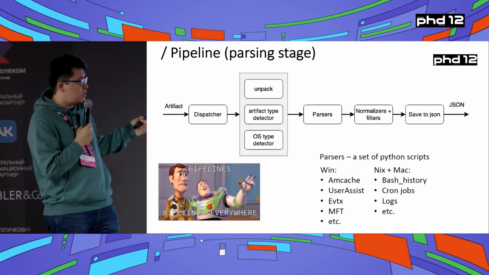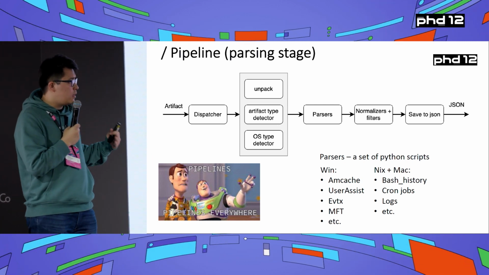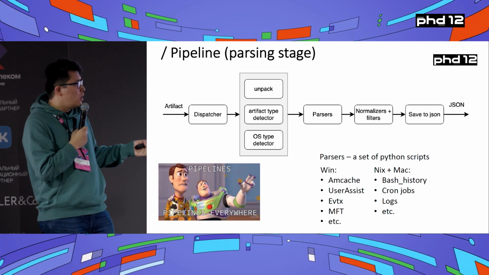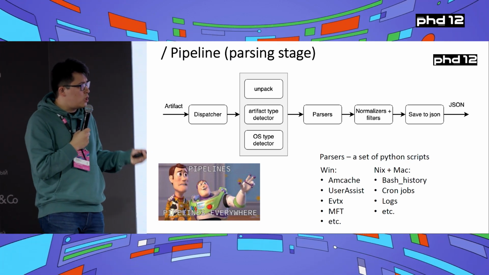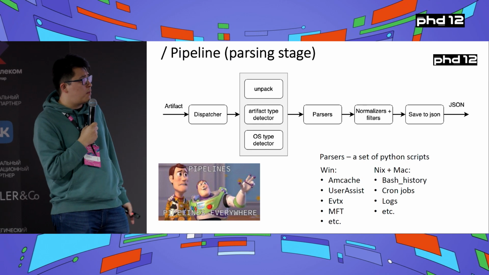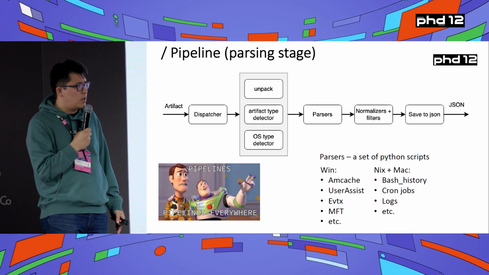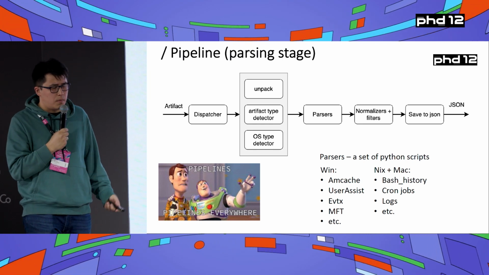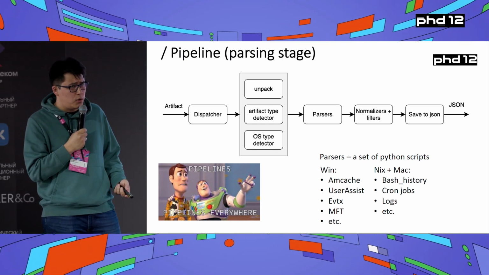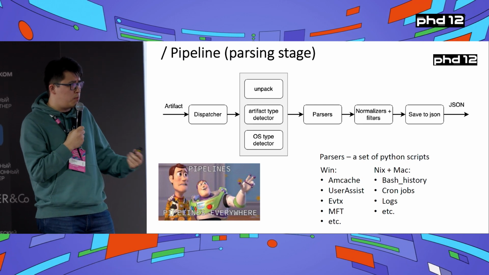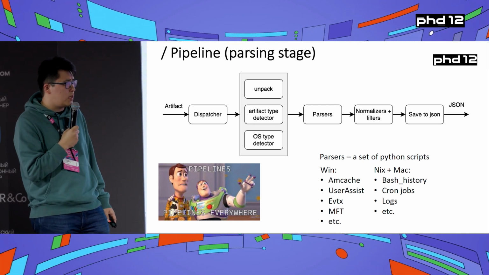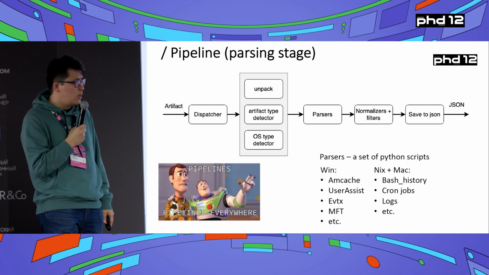Following unpacking, we understand which parser is needed, and then this parser is focused on this. Sometimes we have normalized data following the parser, or sometimes we need to normalize the data. This depends on the case, whether we are using our own script or open source scripts.